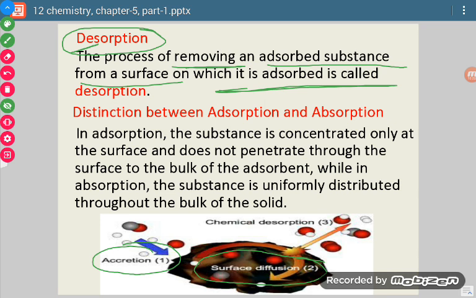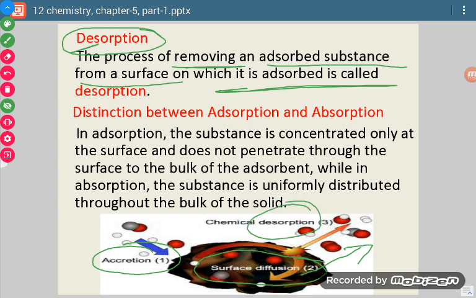Okay, and if these molecules get adsorbed on the surface, then that process is adsorption. And because of an increase in temperature or any other factor, if those molecules come out from the adsorbent, then this will be termed desorption.